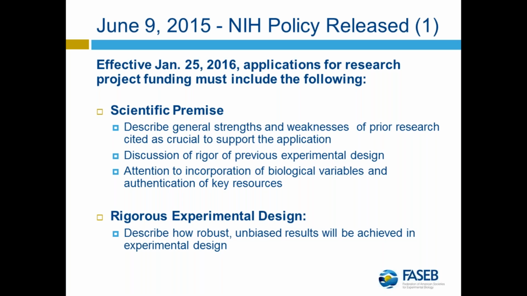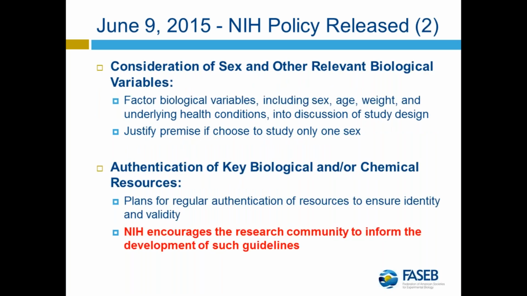They wanted to leave flexibility in these broad guidelines because every application would incorporate different experimental techniques, but they were looking for the gist of how you were going to ensure that you were thinking about your experimental approach before you started going down and getting preliminary results.